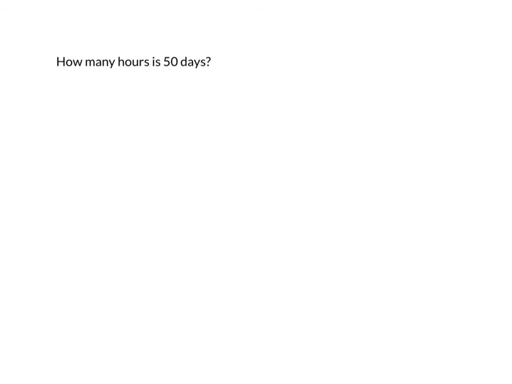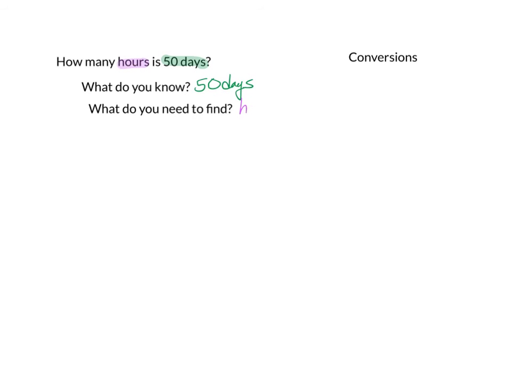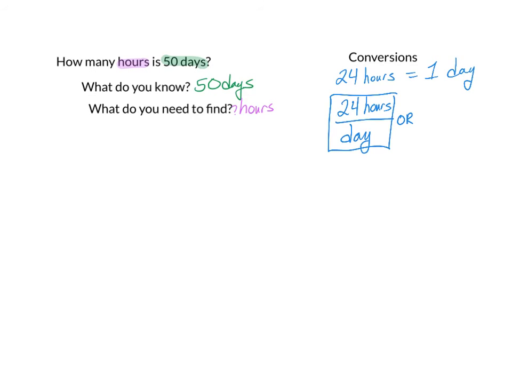What if I had asked you how many hours are in 50 days? In this case, we now know that there are 50 days, and we know that we're looking for how many hours. Next, we need to know what kind of conversions we know, and again, we know that 24 hours is equal to 1 day, and that means that we have the same two ratios that we had before. There are 24 hours per day, or 1 day has 24 hours.